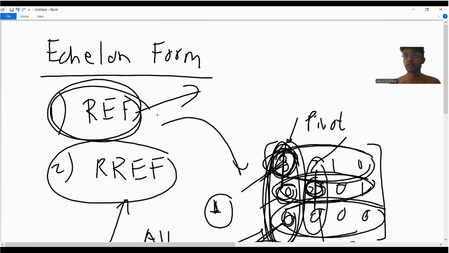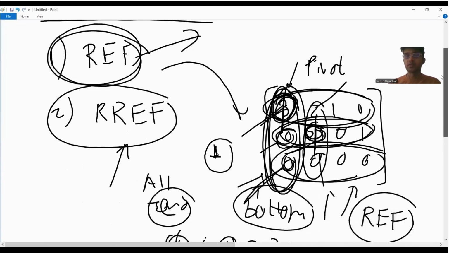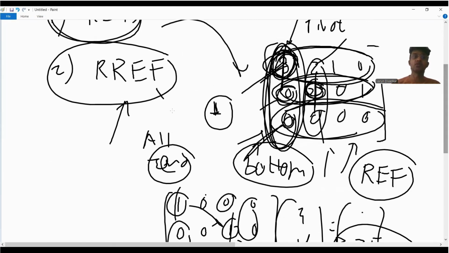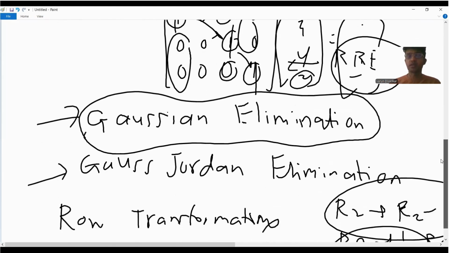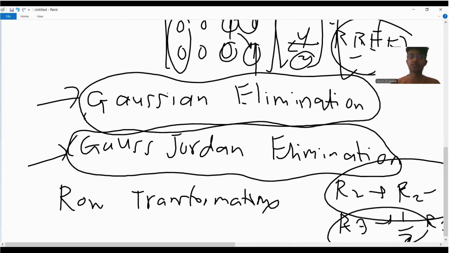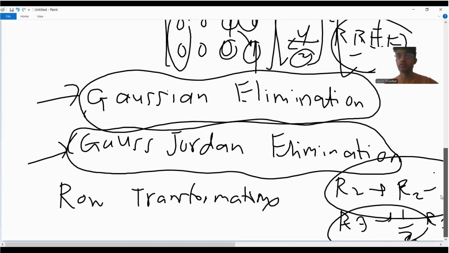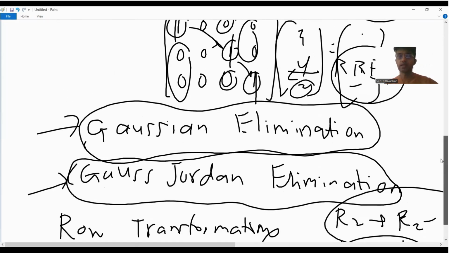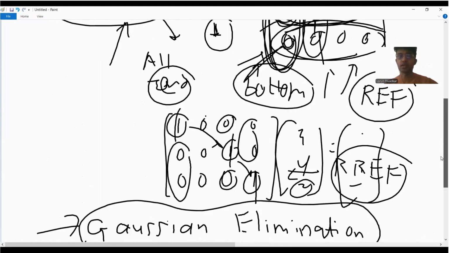And when you stop when your matrix becomes a reduced row echelon form, that's what it's called a Gauss-Jordan elimination, right? That's essentially the technical difference between these two. Otherwise, both of them use the same elementary row and column transformations, right? That's a really short way to look at the fundamental differences between a Gaussian and a Gauss-Jordan elimination.